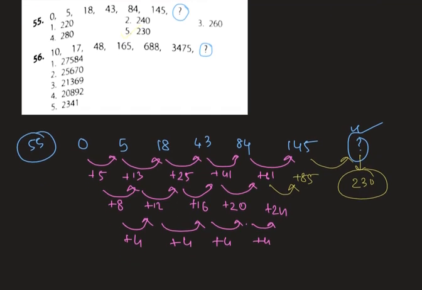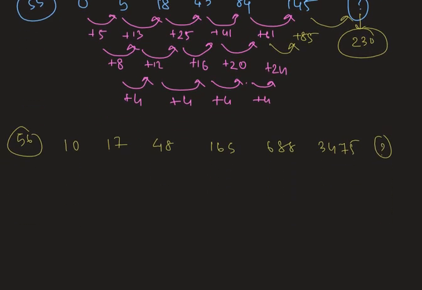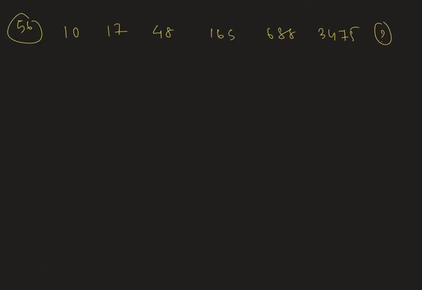Now let's check the next series. The next series is 10, 17, 48, 165, 688, 3475, and we need to find the last number of this series. As we can see, if we multiply 1 with 10 and add 7 we get 17.